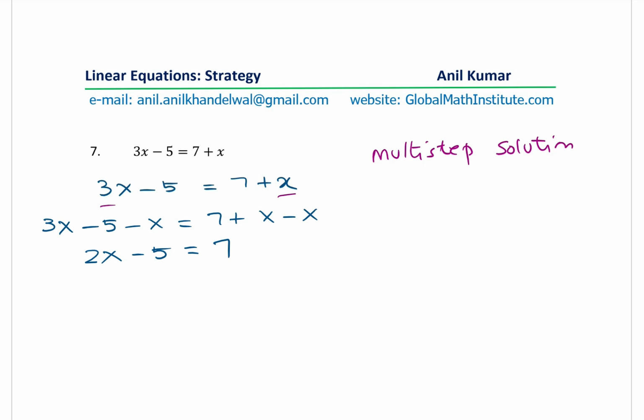So here, first we simplified and we got x on the left hand side, right? So we put x on the left hand side. And now we'll isolate x. To isolate x, we'll have to add 5 first. So we'll add 5 on both the sides.